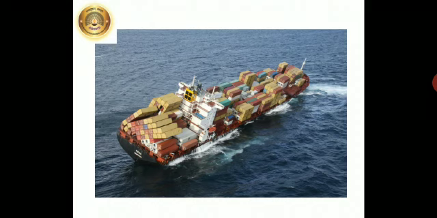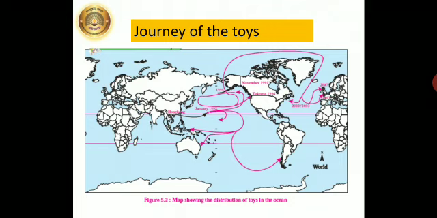Then some of them crossed the Bering Strait and moved up to the Arctic Ocean by the year 2000. That is, they moved towards the north. Some of the toys also reached the Atlantic Ocean from the Arctic. Then some of these reached the eastern coast of America in 2003.